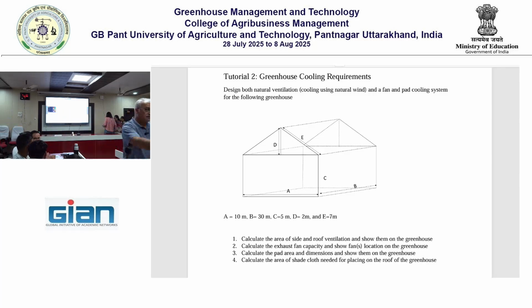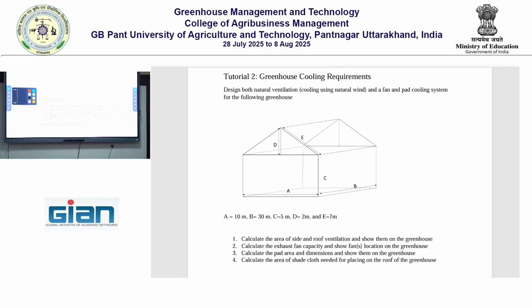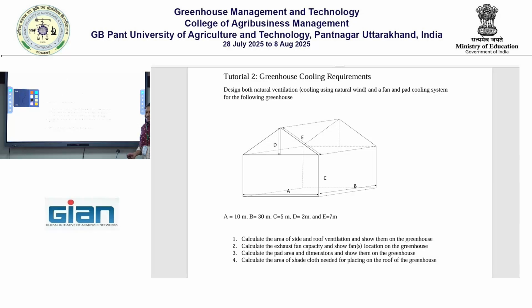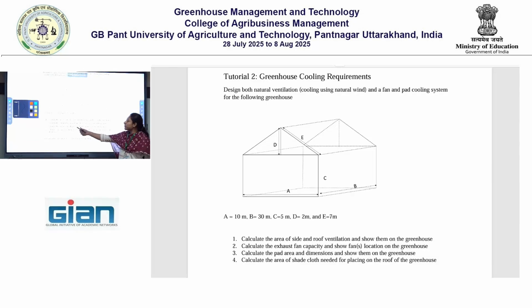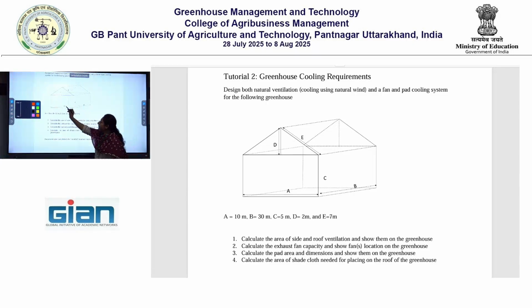I'm standing way away from you, so I can see you. Please explain as you are. The first question, we have to calculate the area of side and roof ventilation. So first of all, we have to calculate the floor area.